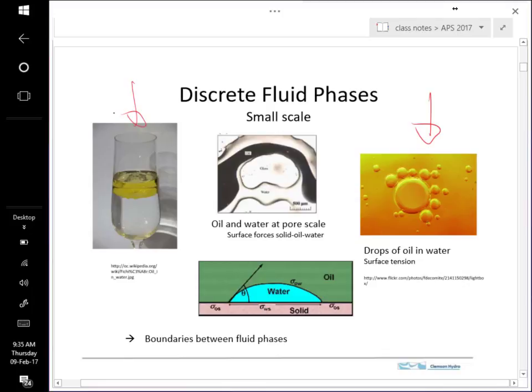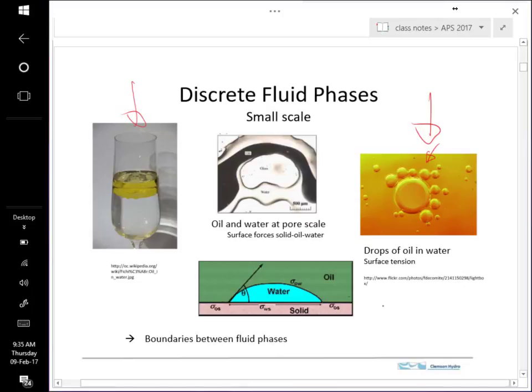And in this case, what we have are two liquids that are immiscible. And at this small scale, we see they form these round droplets. What's important there is the surface tension along the contact between these two fluids. That's what's forming it into these circular patterns.